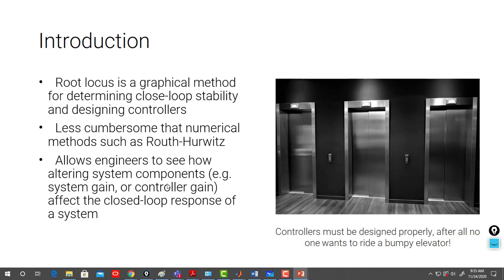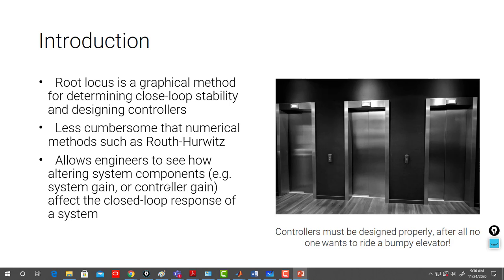It allows engineers to see how altering system components, such as system gain, like the controller gains KP, KI, and KD, in particular the proportional gain, will affect the closed loop response of a system.